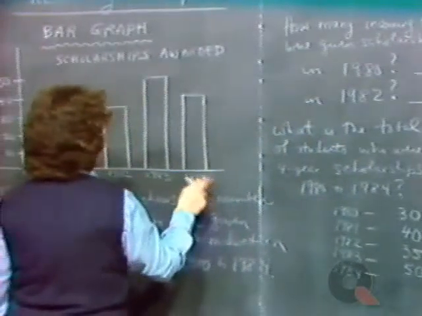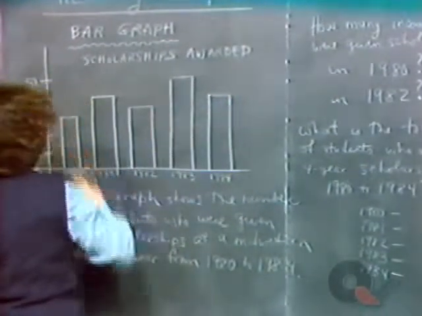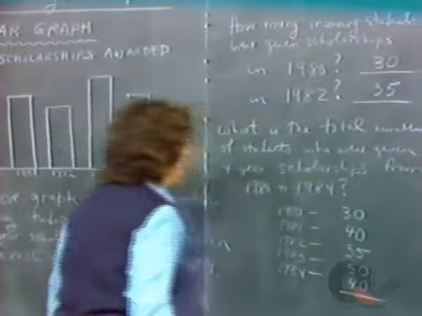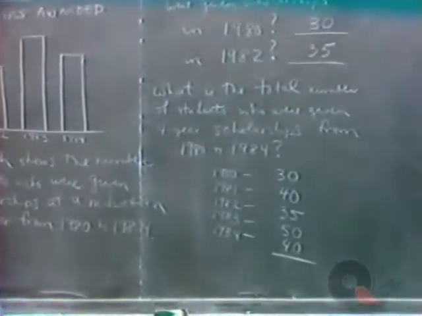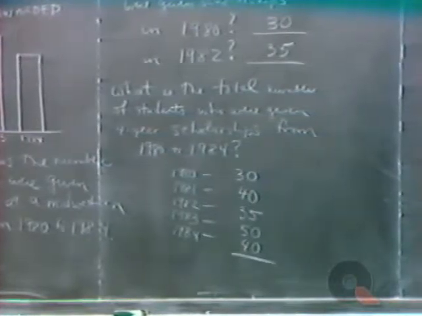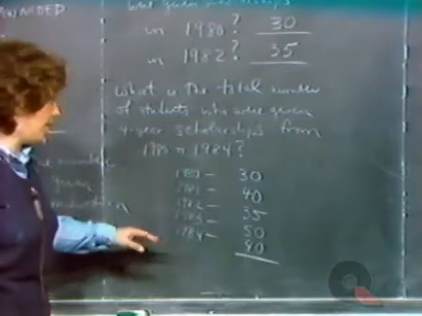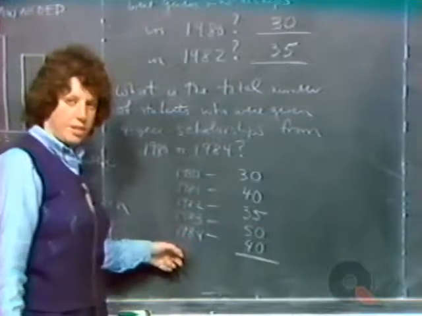And in 1984, it goes up to 40. So we have found the number of scholarships awarded each year and the total number awarded during the 5 years indicated on the graph. Or they might ask you, say, between 1982 and 1984, in which case you would only add 1982, 1983, and 1984.